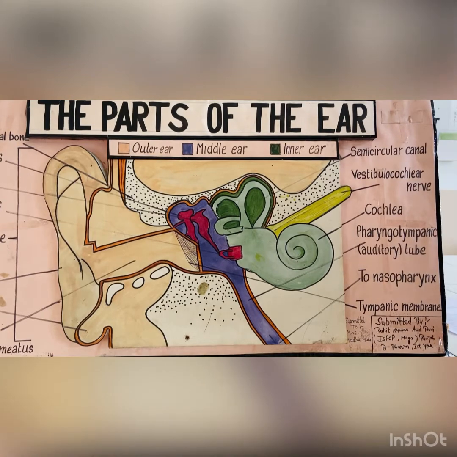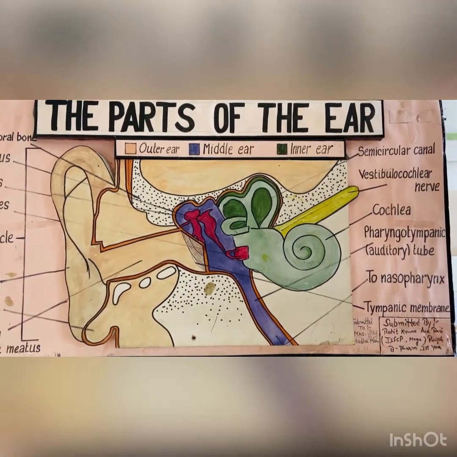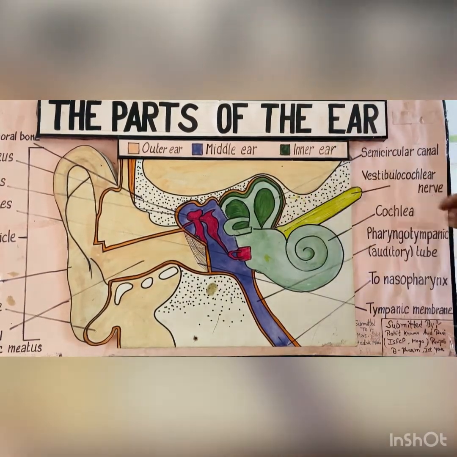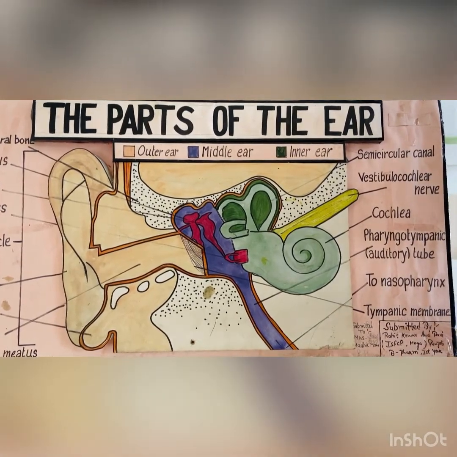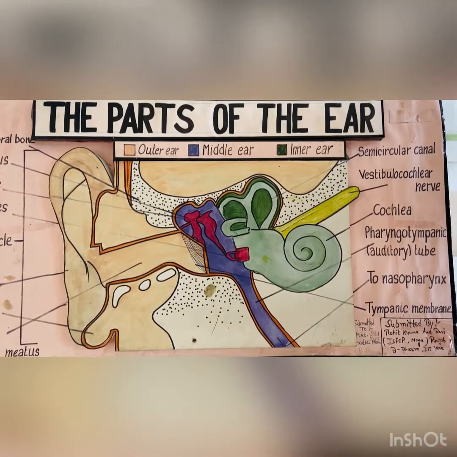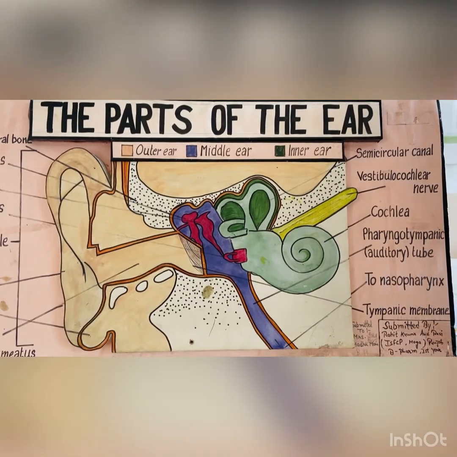The bony labyrinth is lined with the periosteum of the bone, and within this bony labyrinth, the membranous labyrinth is suspended in a watery fluid known as the perilymph. Whereas the membranous labyrinth is filled with a fluid known as the endolymph.